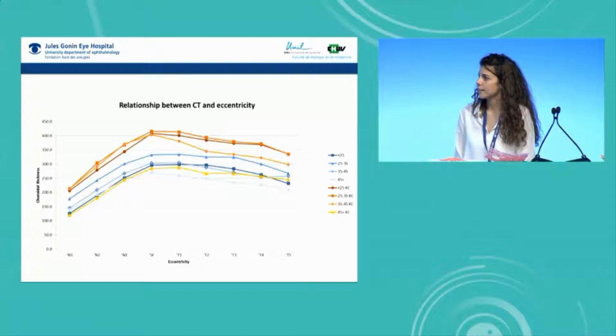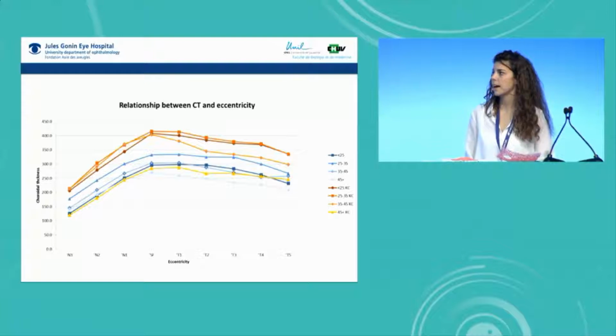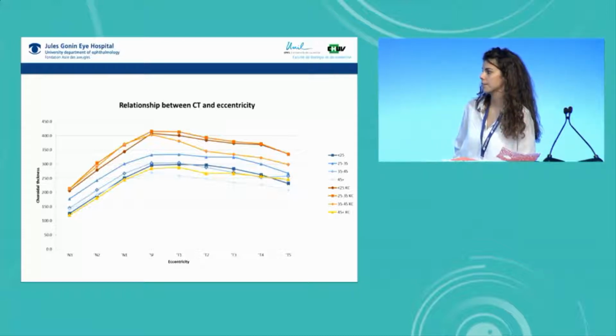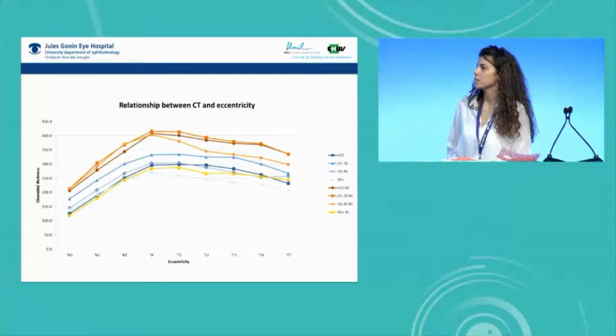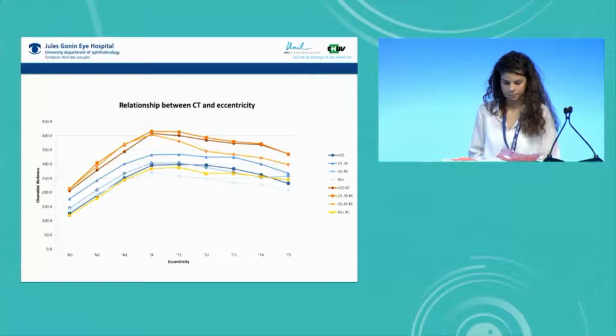We can see that there is a very big difference between the choroidal thickness in normal patients and keratoconus patients, because the choroidal thickness profile in keratoconus patients was much thicker. But we found one exception. Those patients older than 45 years old leveled down with those patients of the same age.